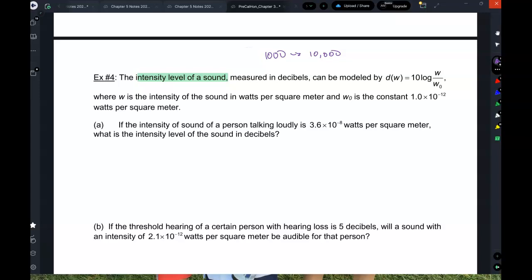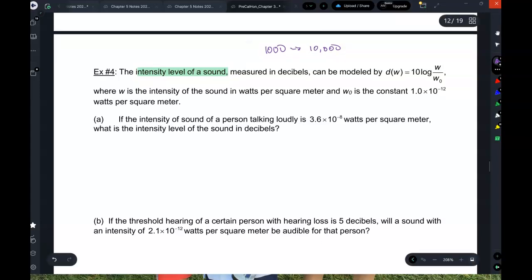Okay. So the intensity level of a sound is modeled by this very simple equation, D = 10 log(W/W0), where W is the intensity of sound in watts per square meter and W0 is the constant watts per square meter.